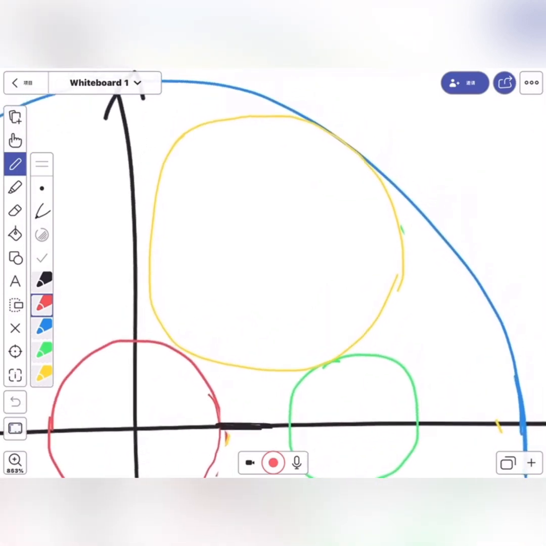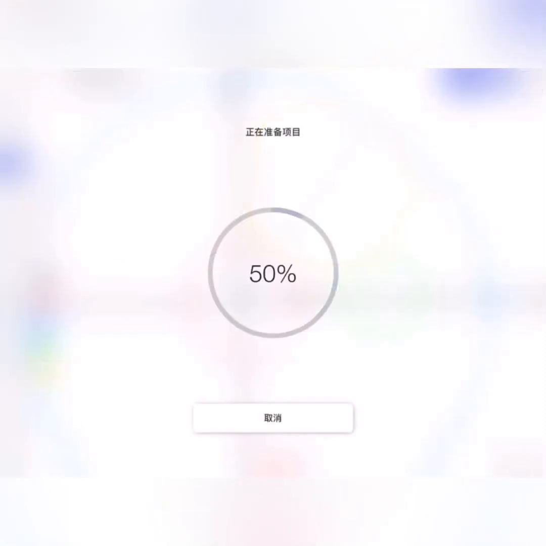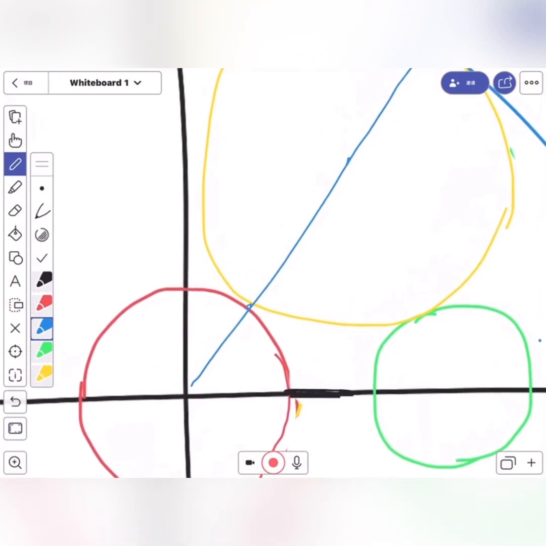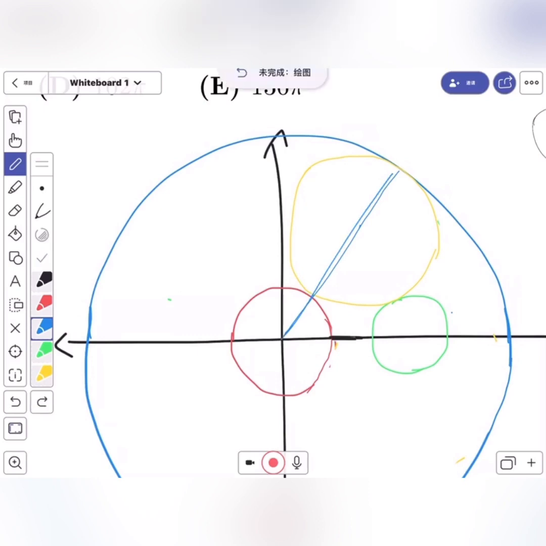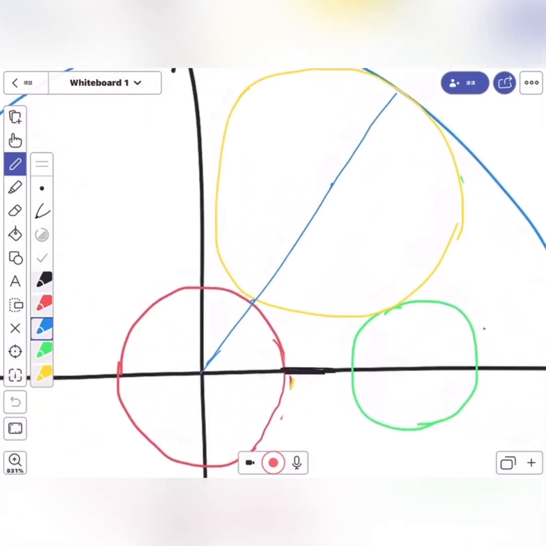Then we know that these points are actually collinear. And in fact, we can even see that this point is also collinear with the entire line. So this point also lies on this line, or this radius.